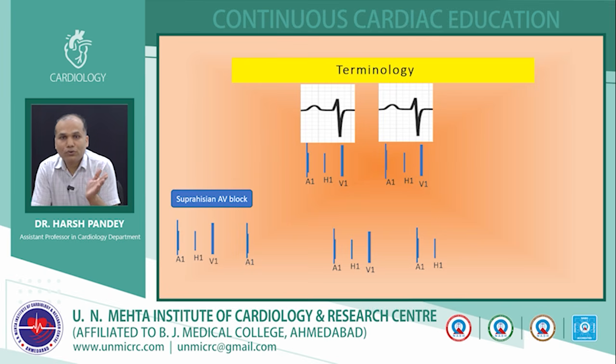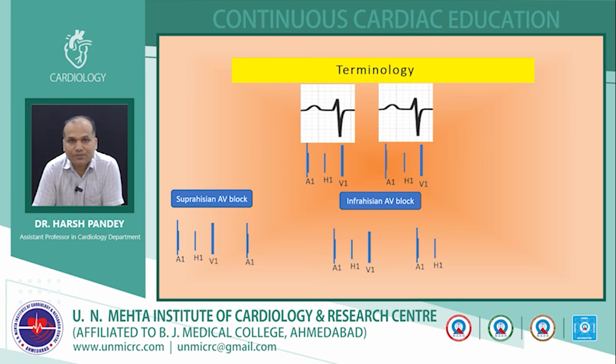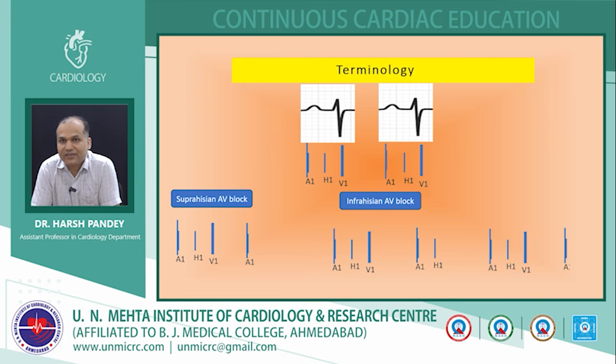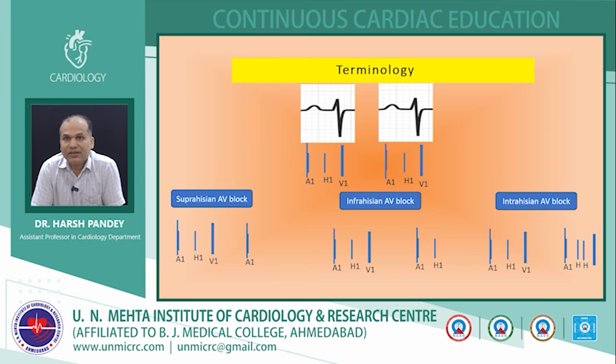So there is a block below the level of the His, termed an infrahisian level of AV block. Third, suppose AHV came, and in the second beat the A came and there are 2 H's, followed sometimes by a V, or sometimes V may not come. Whenever you see a 2 H potential or a split H potential, it is termed an intrahisian level of AV block.